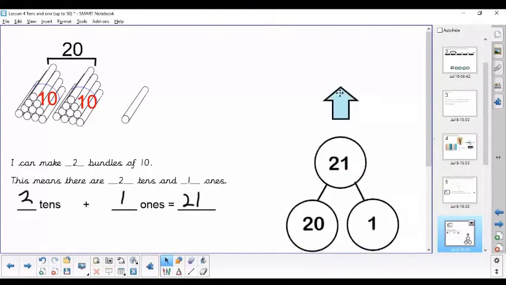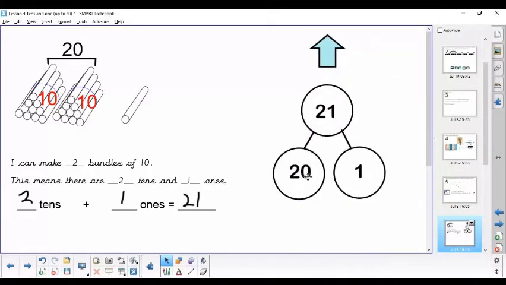Here we have a part-whole model. It's using the same information that we have. We know that we have 2 10s and it gives us 20, so 20 in this part. And we only have 1 1, and so we put 1 in this part. And if we bring them together, it gives us a total value of 21.